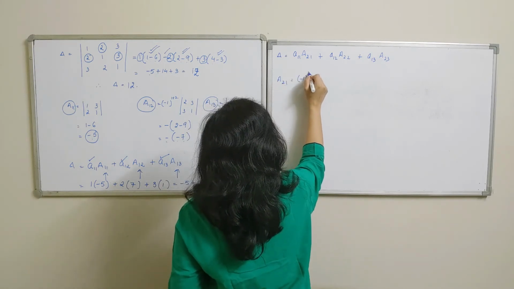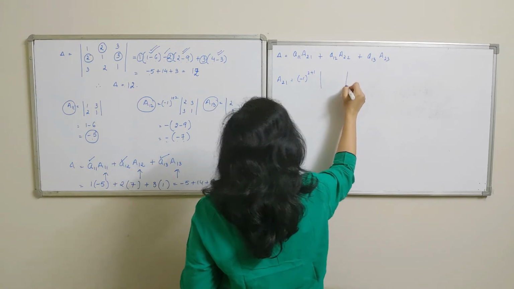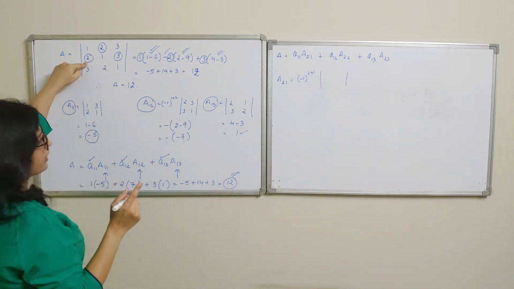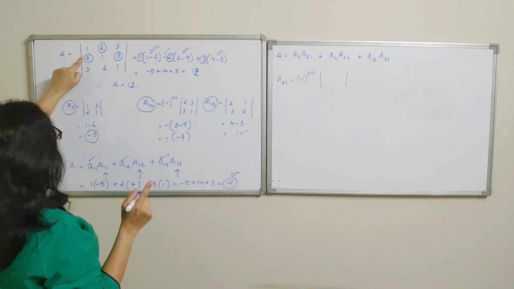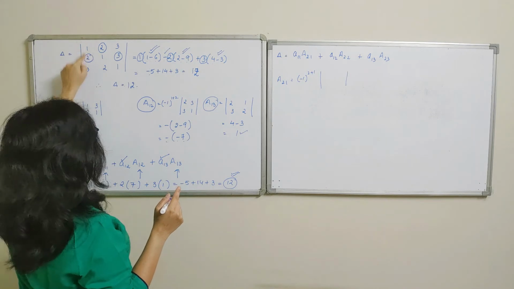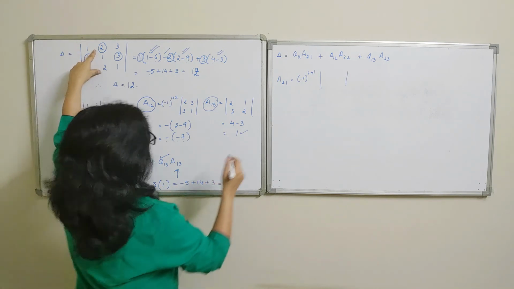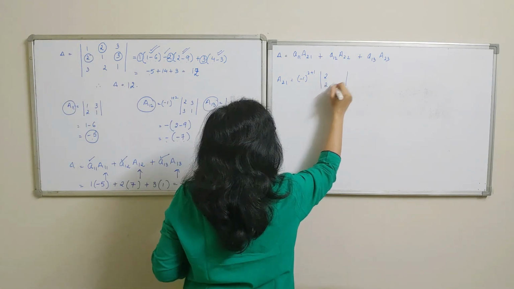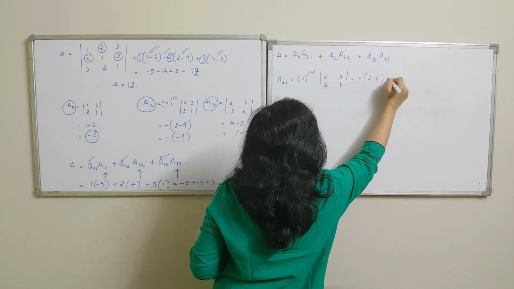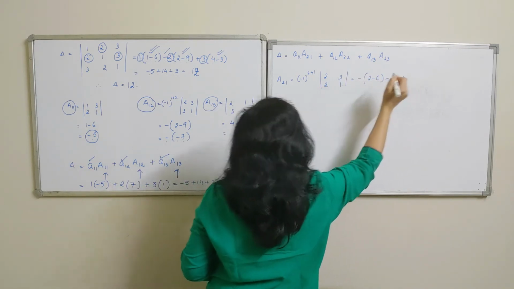So this is minus 1 to the power 2 plus 1. When you find out the cofactor of this, the sign will change, alright. So deleting the second row and the first column, we get elements 2, 2, 3, 1. So this is minus of 2 minus 6, which is positive 4.